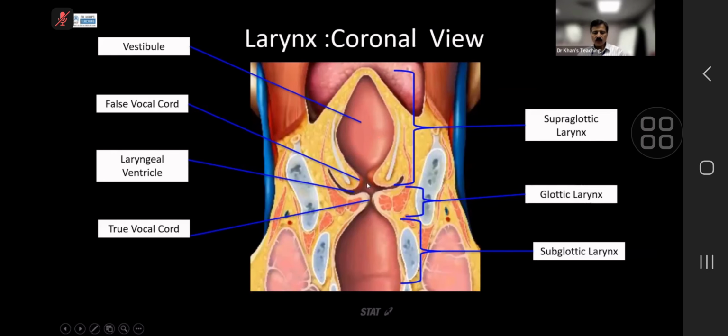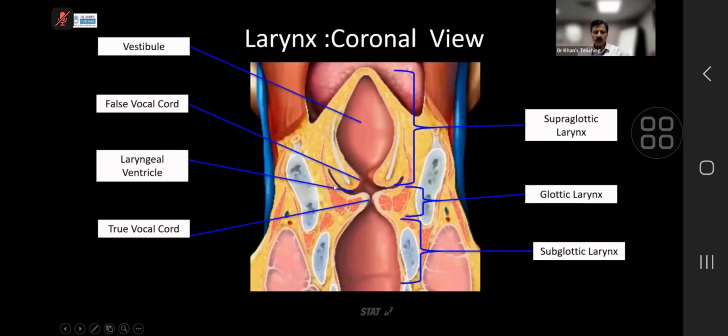Then look at this mucosal fold where I'm pointing. These mucosal folds make this vestibule attenuated, right? So the airway will be a slightly different shape here. And these are known as false chords. Inferior to that, there are two extensions or sinuses which are known as ventricles.